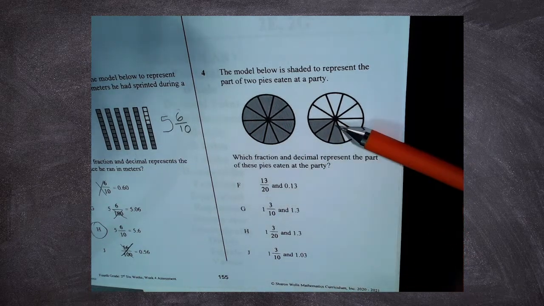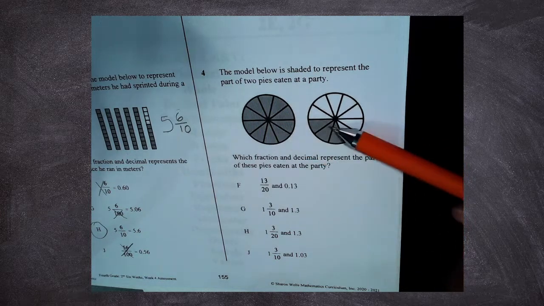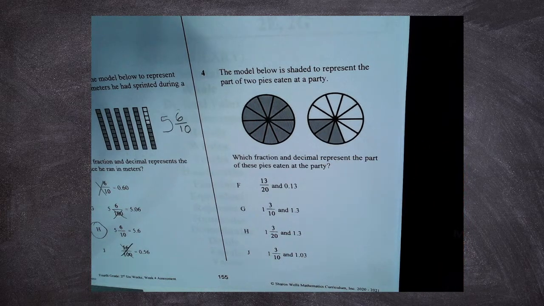Do I have a whole model that is shaded in? If I look at what they're showing me, do I have a whole pie that is shaded in?